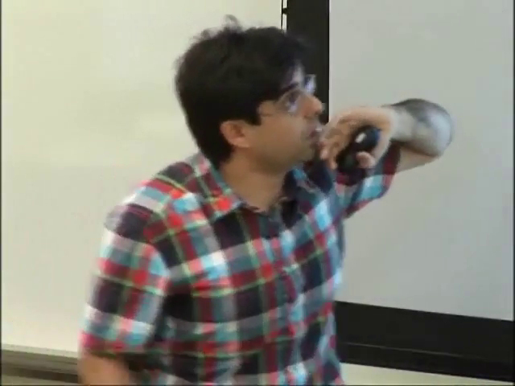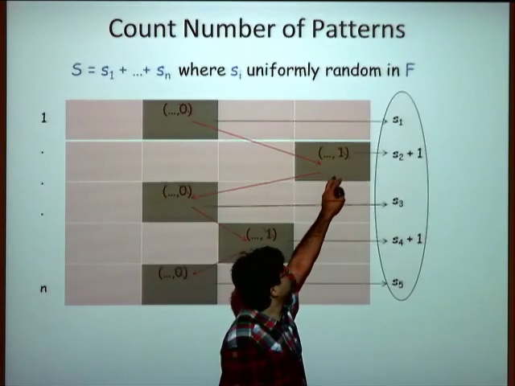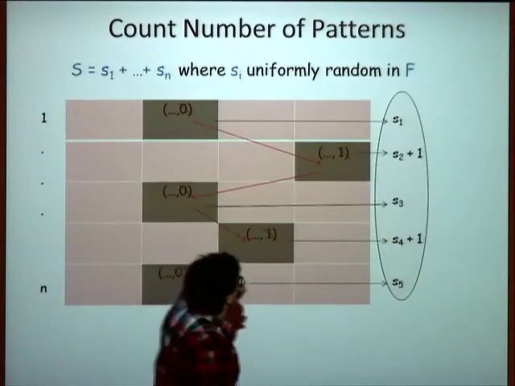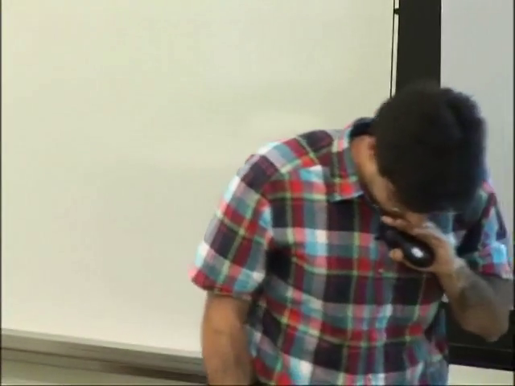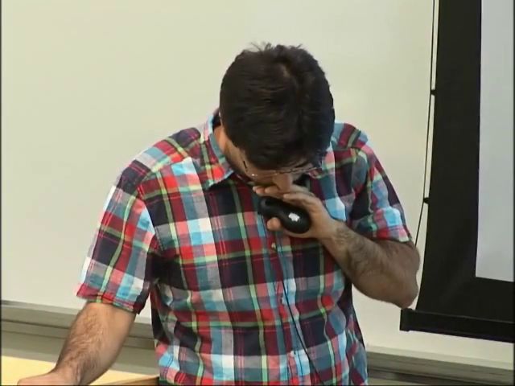But for each row, wait, did I miss something? I'm sorry, this was S1 through SQ, not S1 through Sn. I made a mistake. So he generates a random element for every state. Now I'm confused.